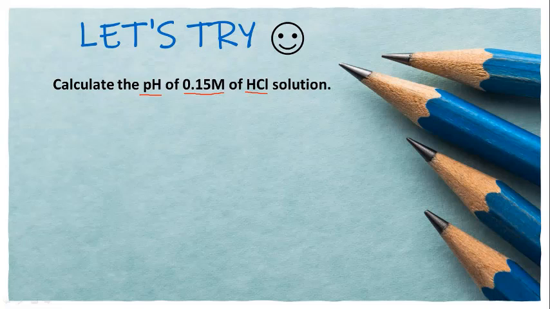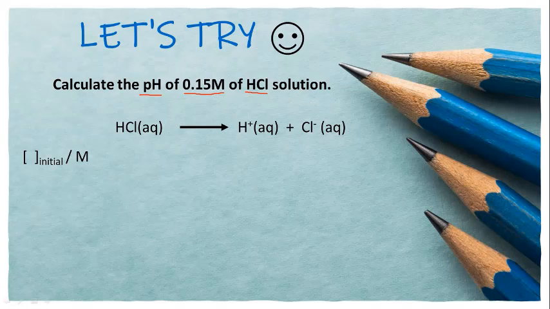So firstly, we have to write the dissociation equation of the strong acid HCl. HCl dissociates to produce a proton and chloride ion. On the left side, write the initial concentration in molar, which is the unit of the concentration, and the final concentration in molar. Initial concentration for HCl is given in the question, which is 0.15.